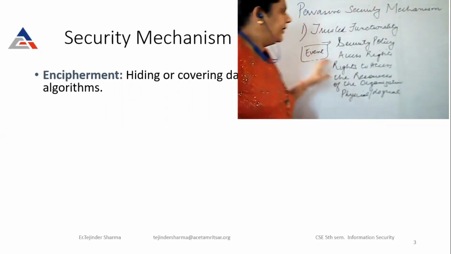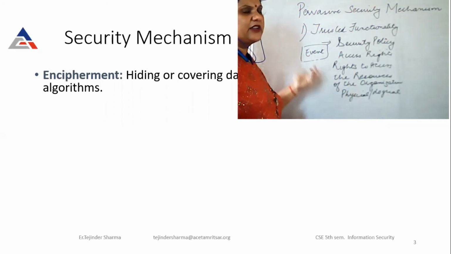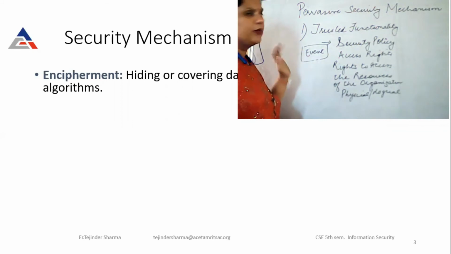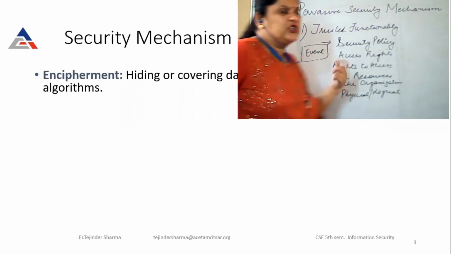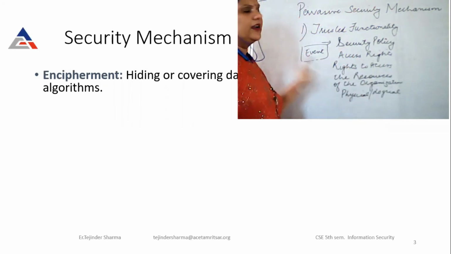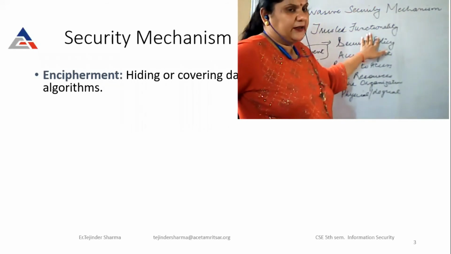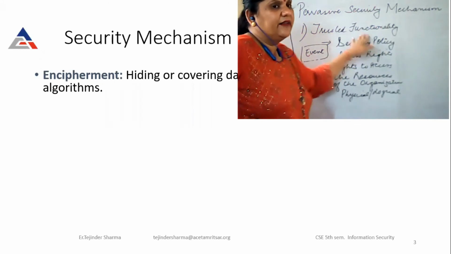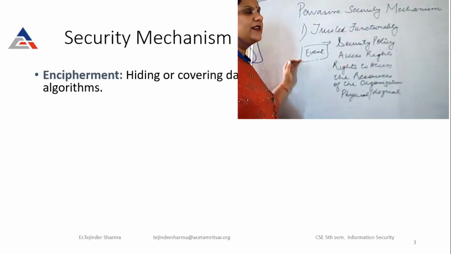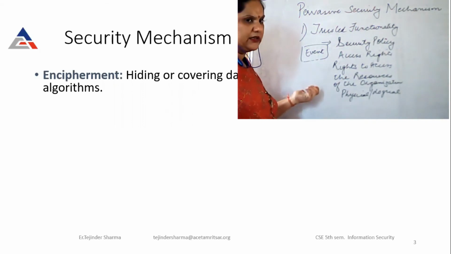For example, I try to access a web page which I am not allowed to, which has been blocked by the firewall. The message which you will read is website not reachable, or website blocked. So that is called trusted functionality. Firewall is always there to filter the traffic coming into the organization or going out of it.